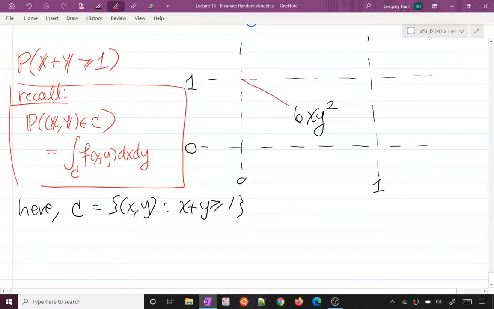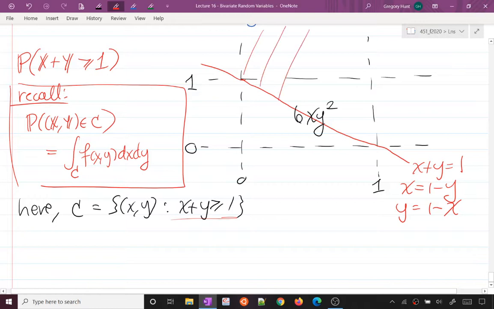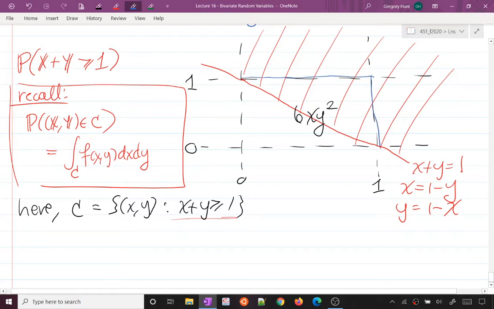This line in red is the line where x plus y is equal to 1, or x is 1 minus y, or y is 1 minus x, right? You can think of either of those. And I want the set where x plus y is bigger than 1, so that's everything above that line. Now notice that my joint PDF is only non-zero for part of that. It's only going to be non-zero for that triangle. And so really I can just call that set C and integrate over that set.